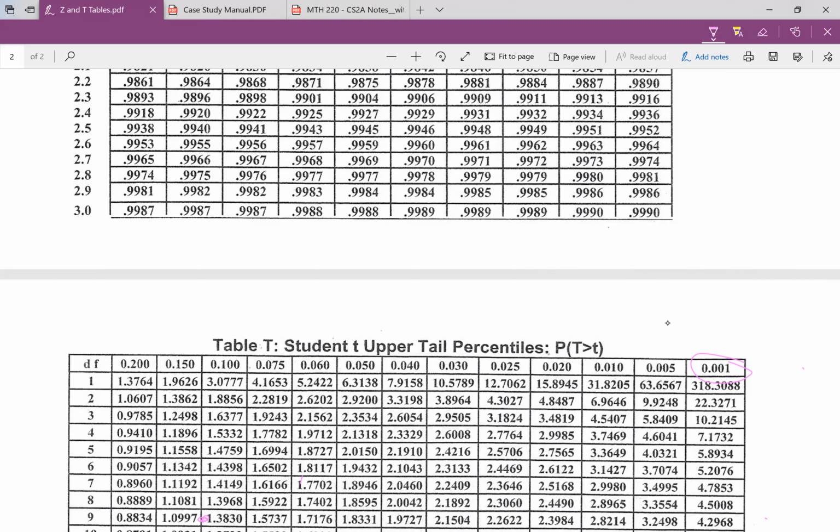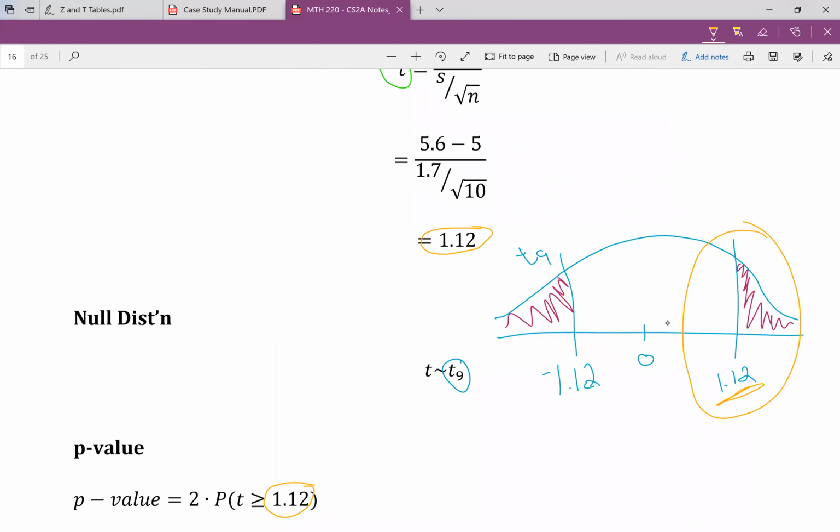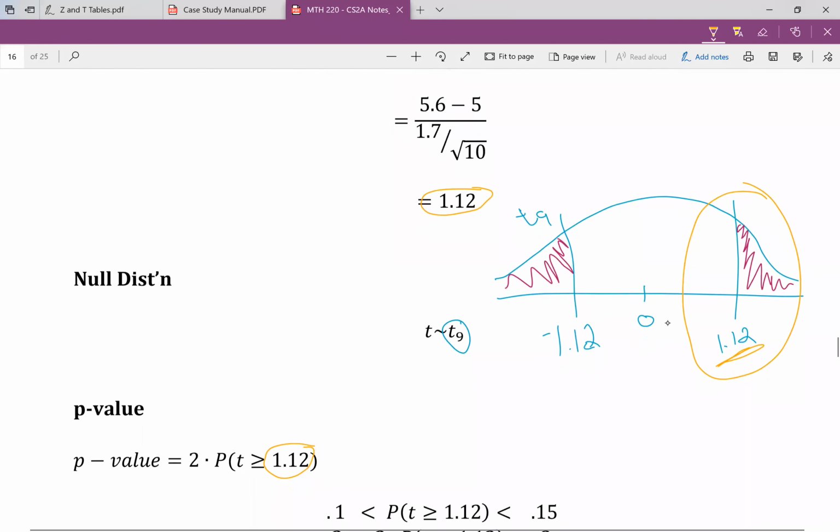So if I go up, my right-tailed, my upper-tailed probability, because that's all this chart gives us, is between 0.1 and 0.15. So that's the first thing I write: this single-tailed probability is between 0.1 and 0.15.